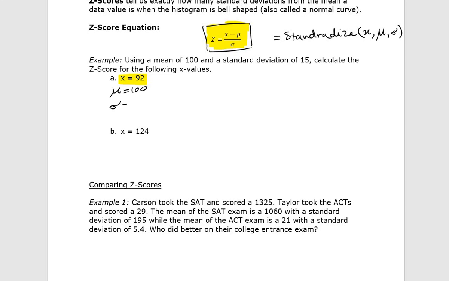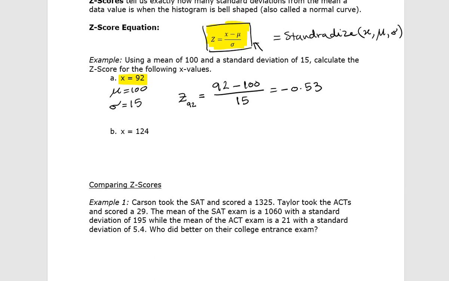And the standard deviation, sigma, is equal to 15. The z-score for 92 is going to be 92 minus the mean, using this formula, divided by the standard deviation, which is 15. Now the answer is going to be negative 0.53.